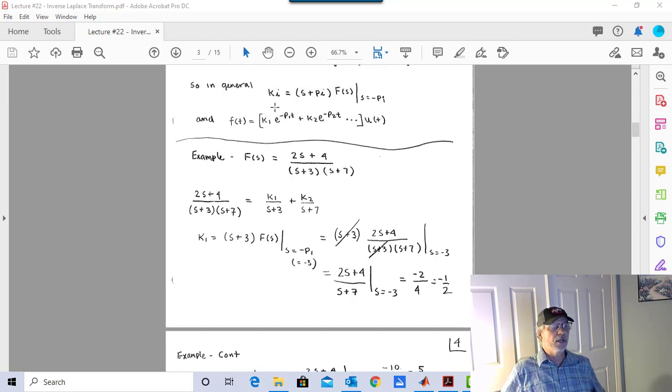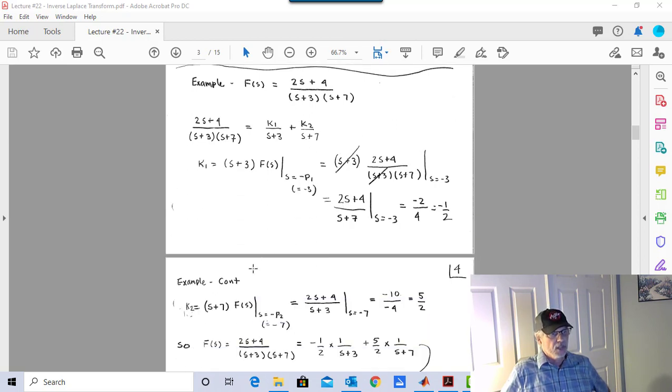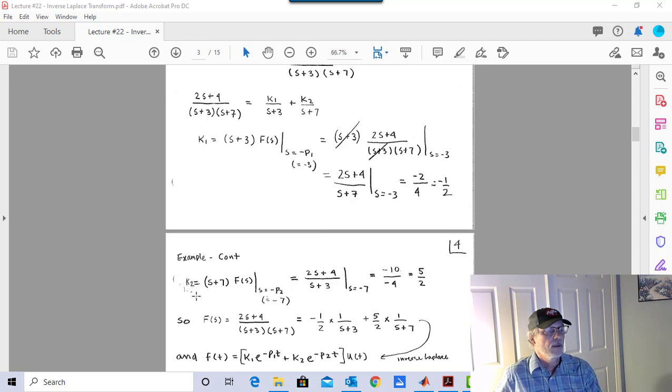Now let's get K2. Again, we're going to use this formula, but we're going to use i equals 2. And so K2 will equal S plus 7. That's our P2, 7 here. So S plus 7 times F of S evaluated at S equals minus P2, or minus 7.